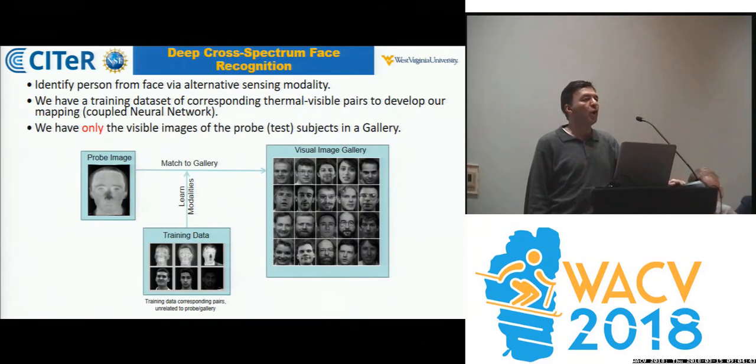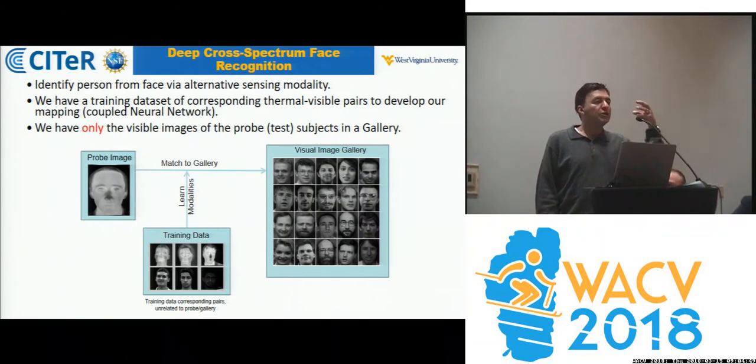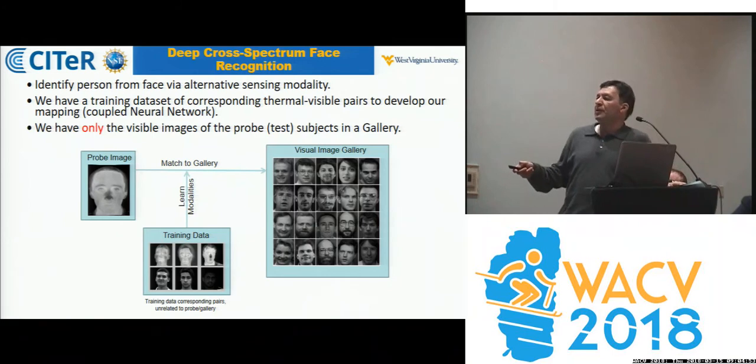Now, going back to our heterogeneous problem, how do I use deep learning to solve this problem? So let me remind you of what the problem is. You are given a thermal probe, and you want to identify this thermal probe from a gallery of visible images.